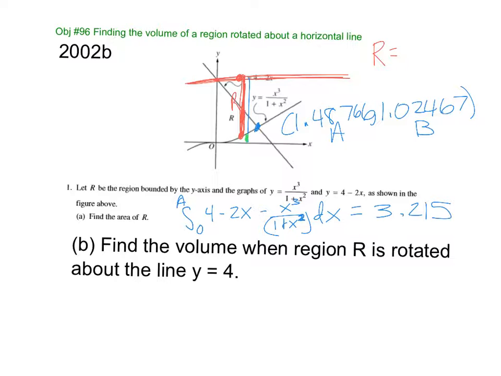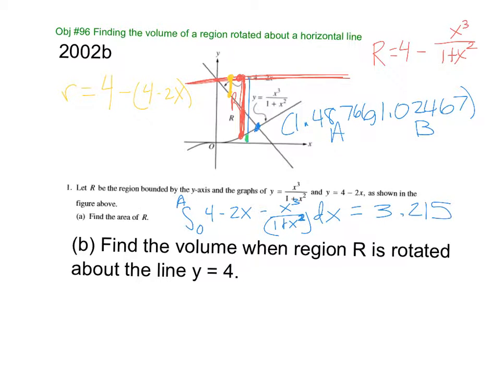Blue minus green equals red. So blue is just 4 minus the green, that's your x cubed over 1 plus x squared. So that's your big R. Little r is from the line to the closer part of the region, so that distance. Again, that whole thing, the line we're rotating around minus the function, and be really careful with parentheses for this one. You need 4 minus 2x.